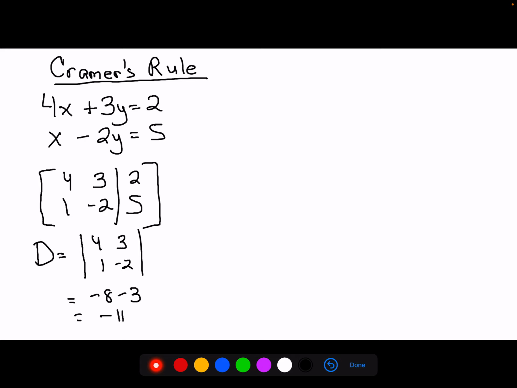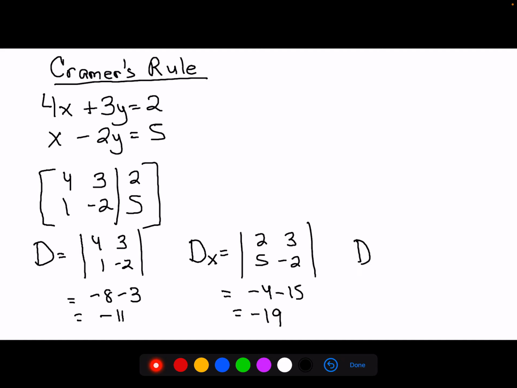It'll make more sense in a minute, but we can also take this matrix and in place of where the x coefficients are, the 4 and the 1, we can put those answers and then keep the 3 and the negative 2 where they are. We can look at the determinant of that. 2 times negative 2 is negative 4, minus 15 is negative 19. This will all make sense in a minute, just bear with me.